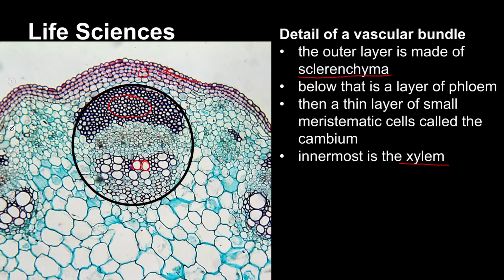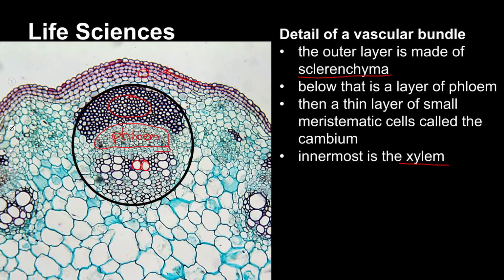And between the two are thin-walled cells. And there's 2 different types of thin-walled cells here, filling that space of thin-walled cells. That is the phloem. And you can pick up there are little companion cells between the big sieve tube cells.